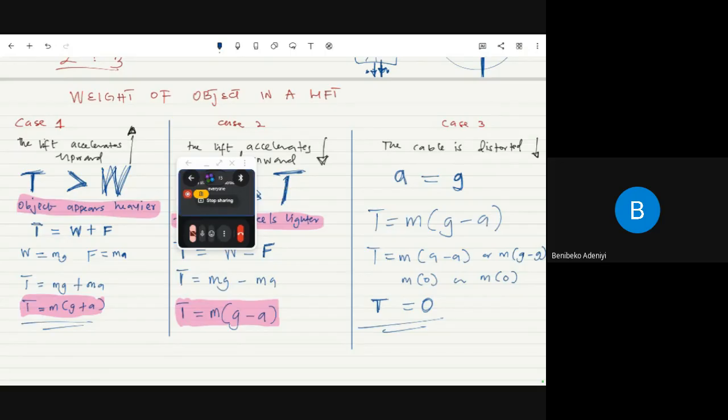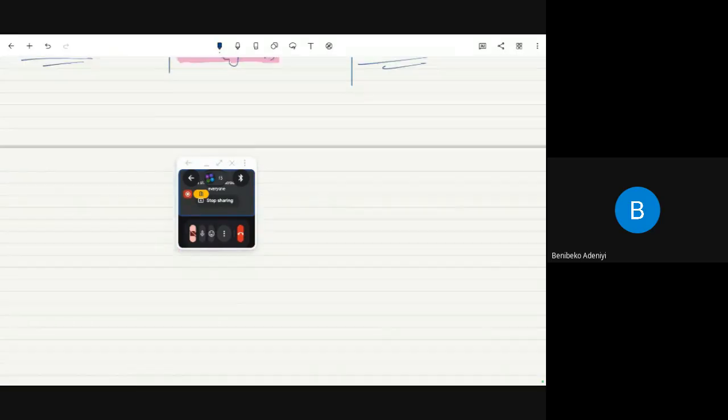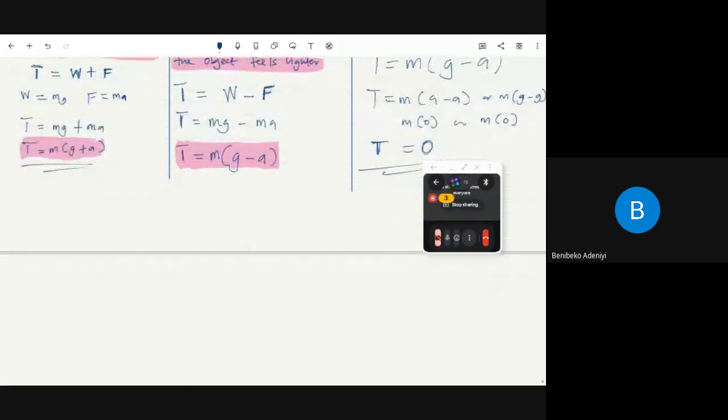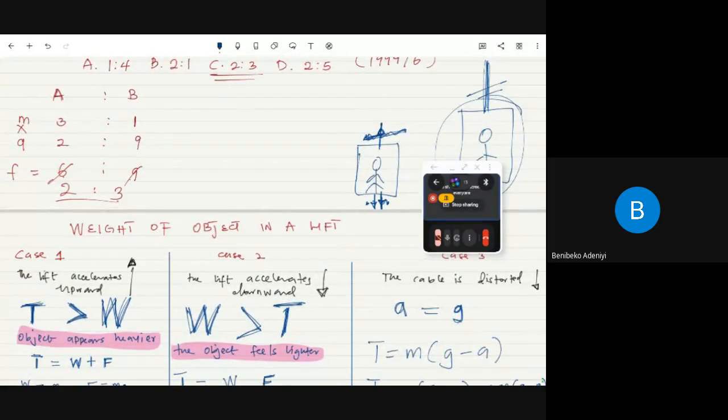Now, when we suspend an object in a lift, let's say instead of this man staying inside this lift, we suspend an object without using a spring balance. So what is going to be the condition of this suspended object?